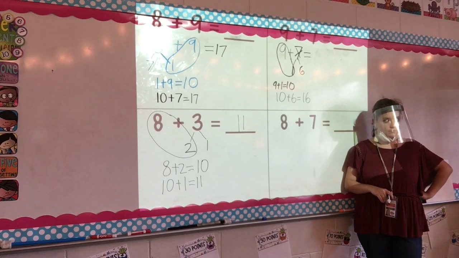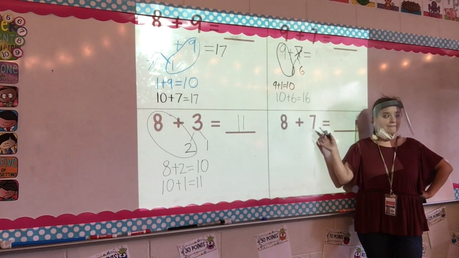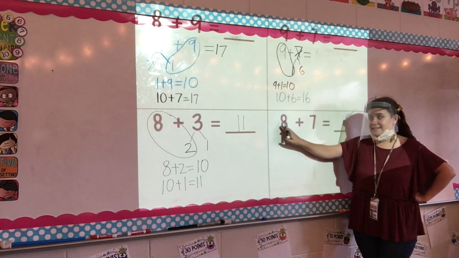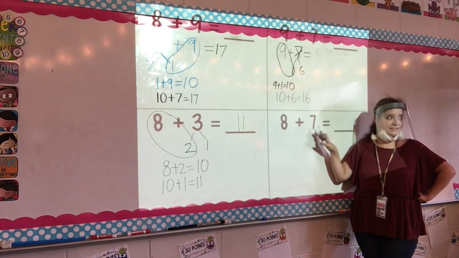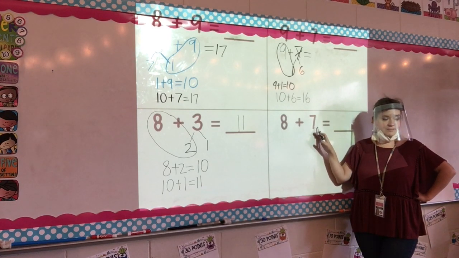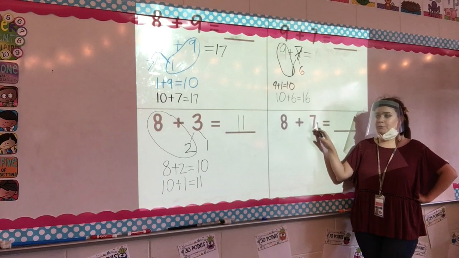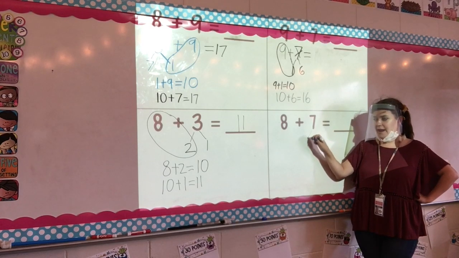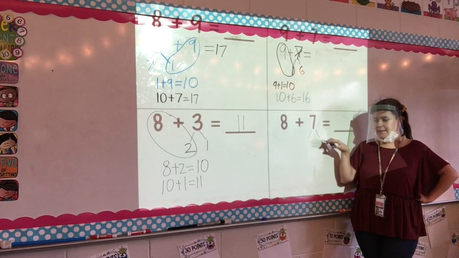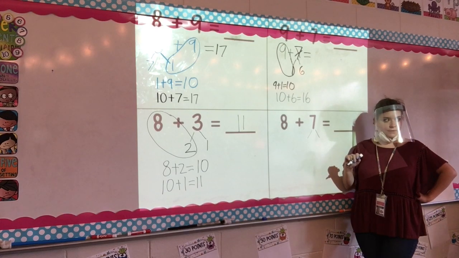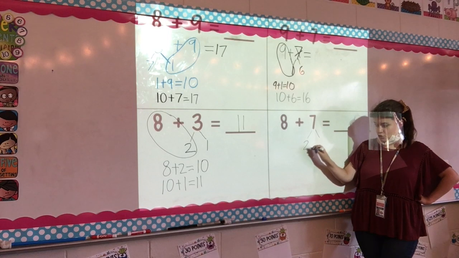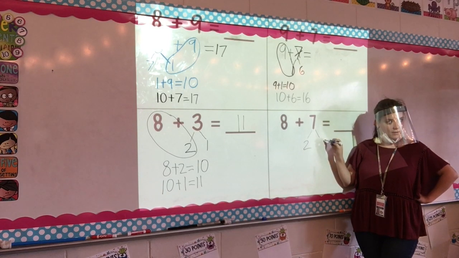We're going to break up the 7. Because 8 needs the 2, let's break up the 7. It's easier to break up the smaller number in these. So if I break it up, what number should I break it up into? 2 and what? 5.